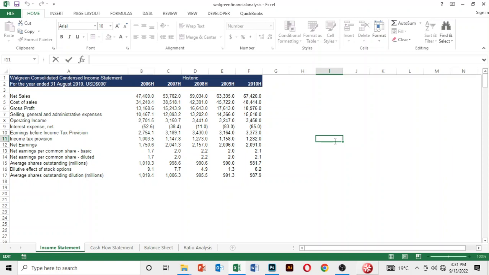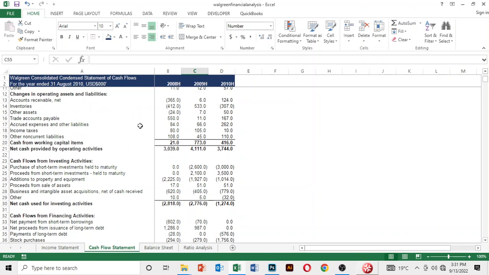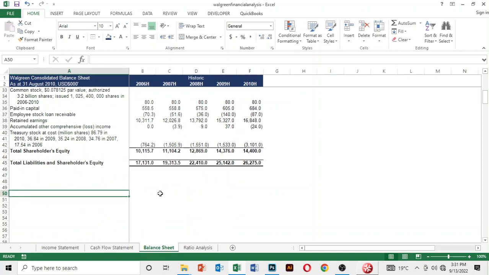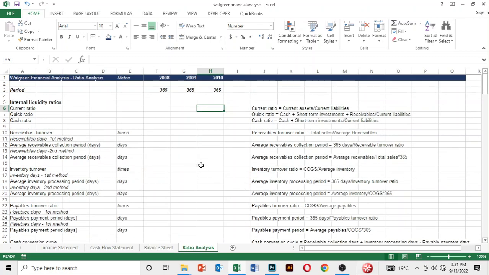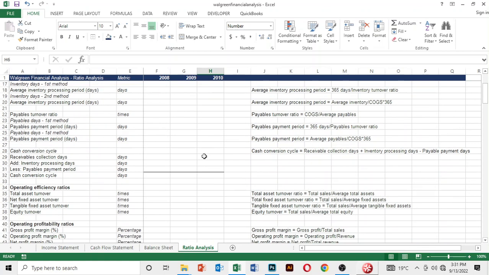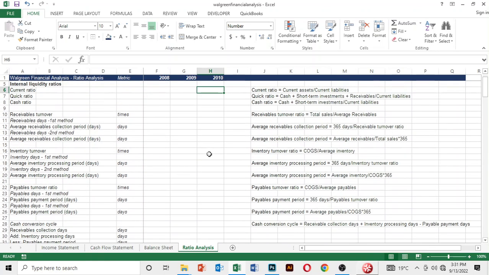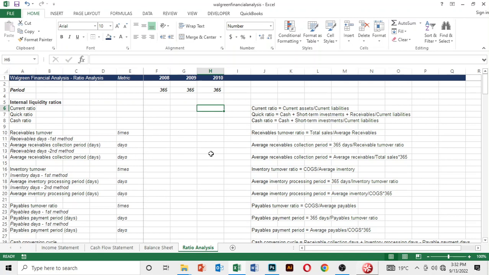Today I'm going to show you how to perform ratio analysis. So we are going to use Walgreen historical data from 2006 to 2010, right? We have the income statement here, the cash flow statement, and the balance sheet, and then we have the ratio analysis tab here, where we are going to calculate the ratios.